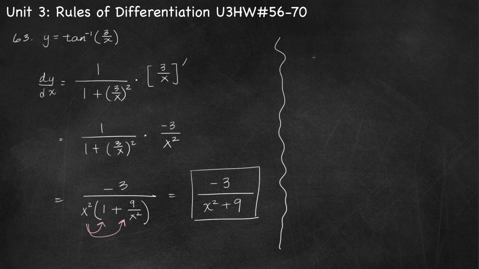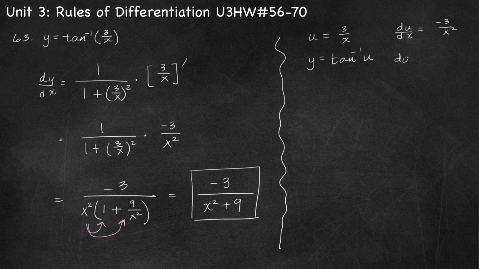Okay, if we want to work this out the long way, we write u equals our inside function, so 3 over x, and then y equals tan inverse of u. Then I take the derivative of my inside function du dx, and that's equal to -3 over x squared.